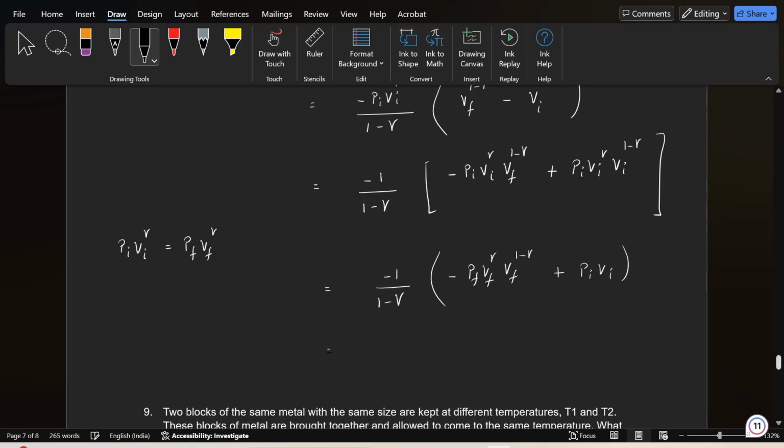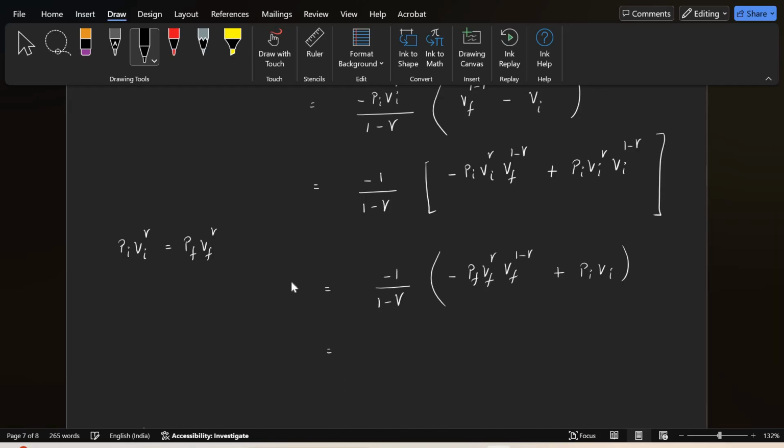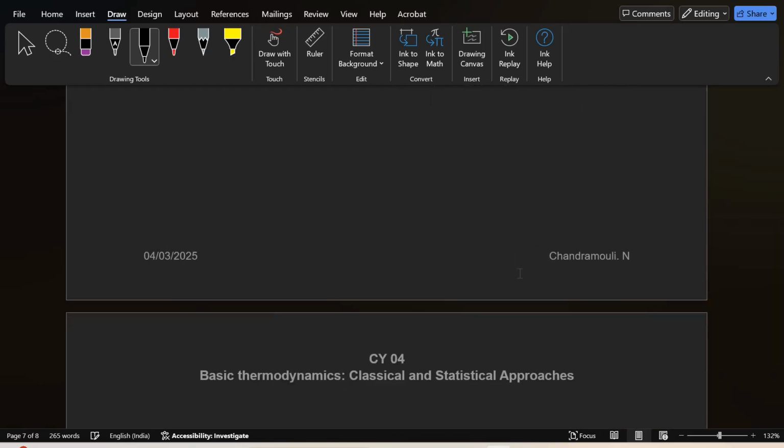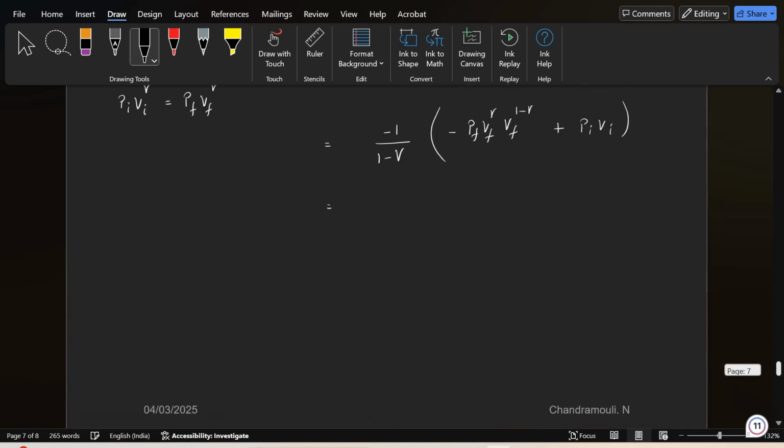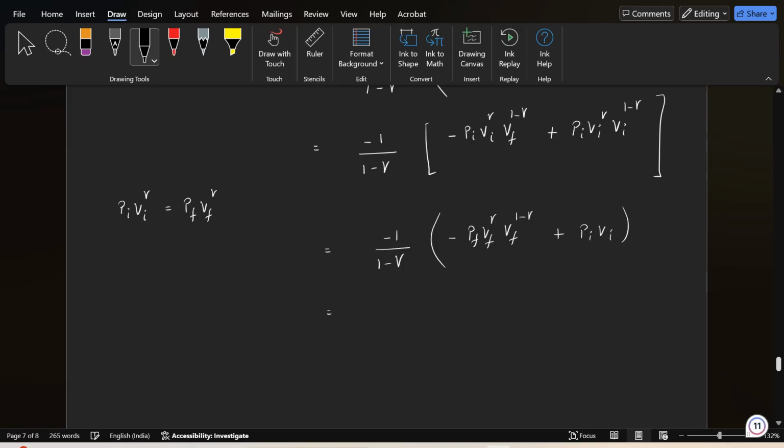Keeping the positive term to the left side: PI VI minus PF VF.